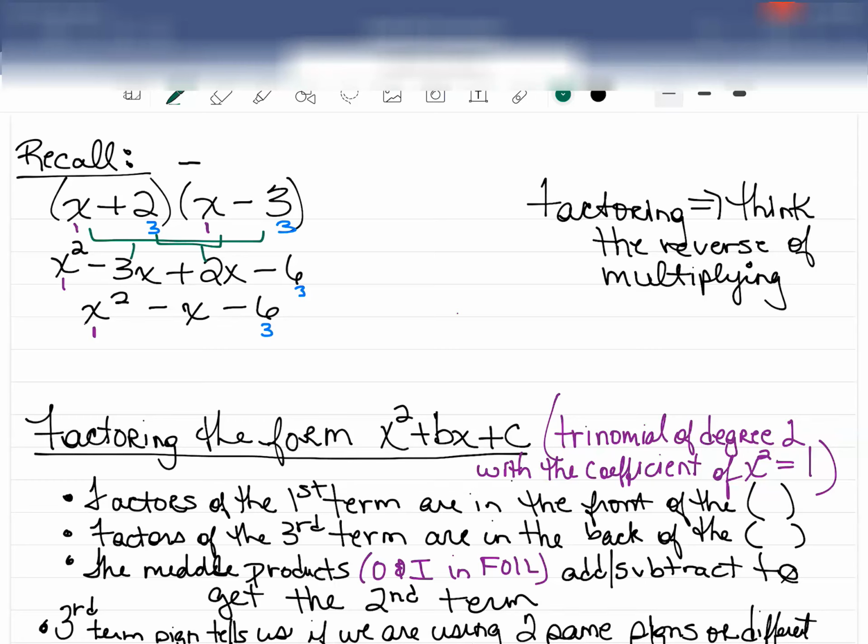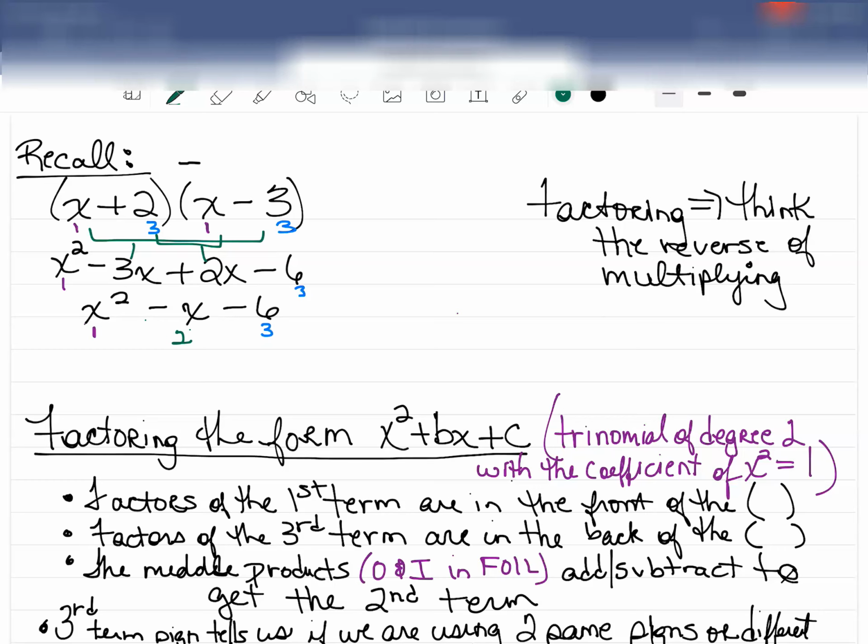And then the minus 3x plus 2x gave us the minus x. So to get this second piece here, the second term, we took the 2 outsides and the 2 insides, and we multiplied them and either added or subtracted to get this minus x.